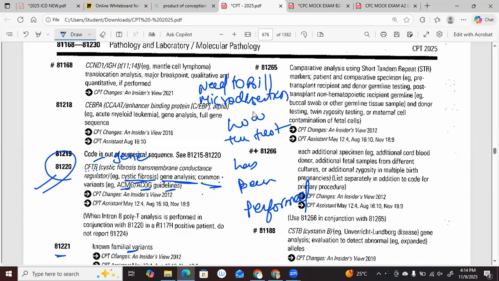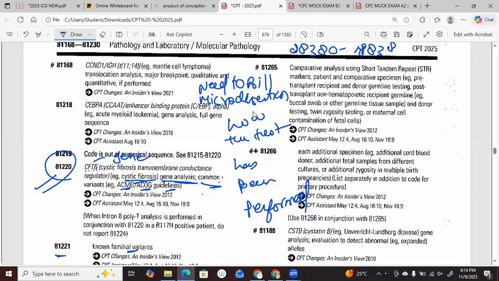So we have to bill microdissection with the code 88380. We have two codes for the microdissection, which need to be billed if the microdissection has been performed before the cell lysis.